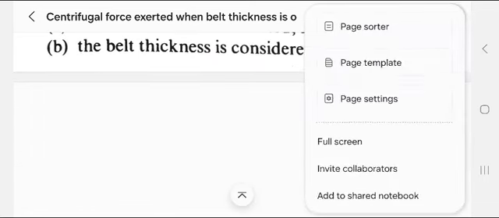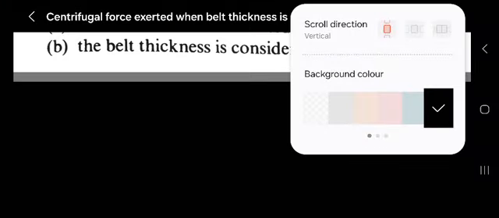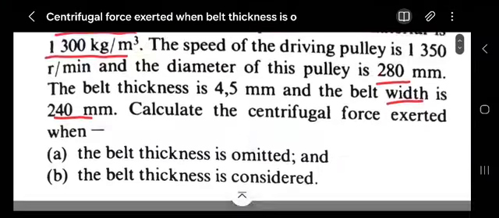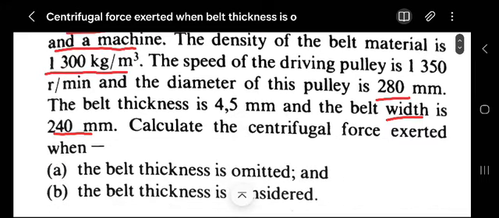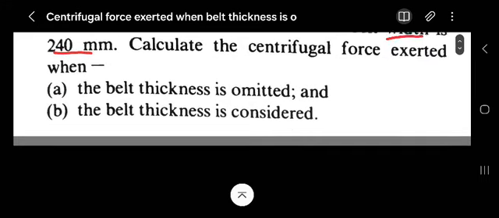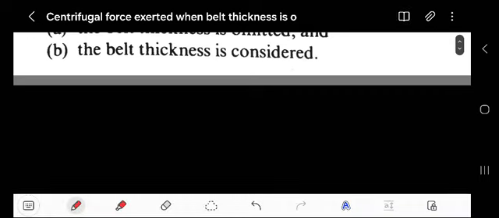Allow me to change this color. I like black. Let me write the data for you very quickly.